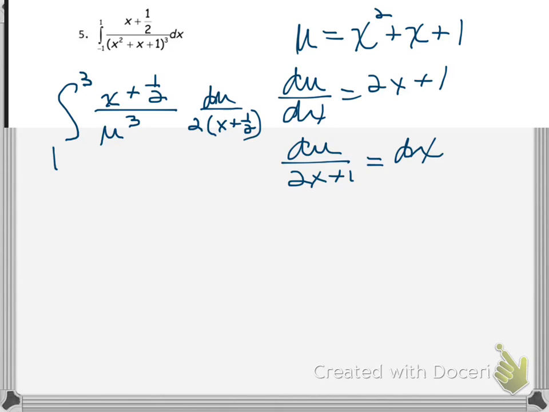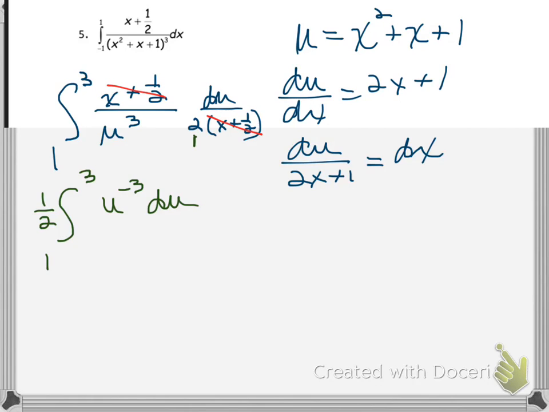Because I want to cancel those. So now I can cancel these guys. I can rewrite my problem. So I still have endpoints of 1 and 3. I now have a half I can pull out from the denominator right here. And I have u to the negative 3 du.